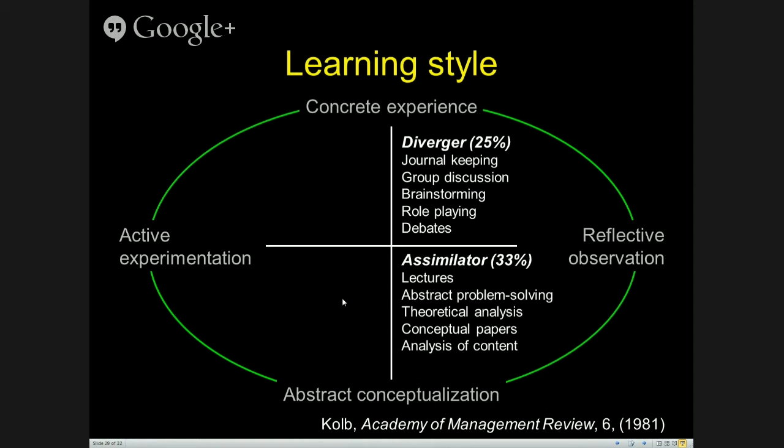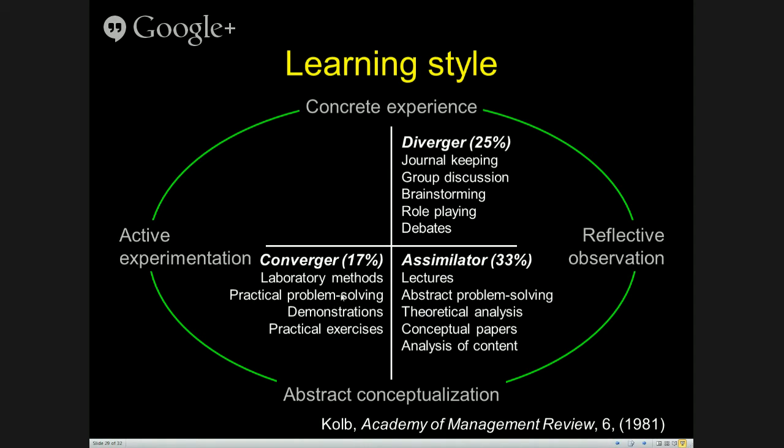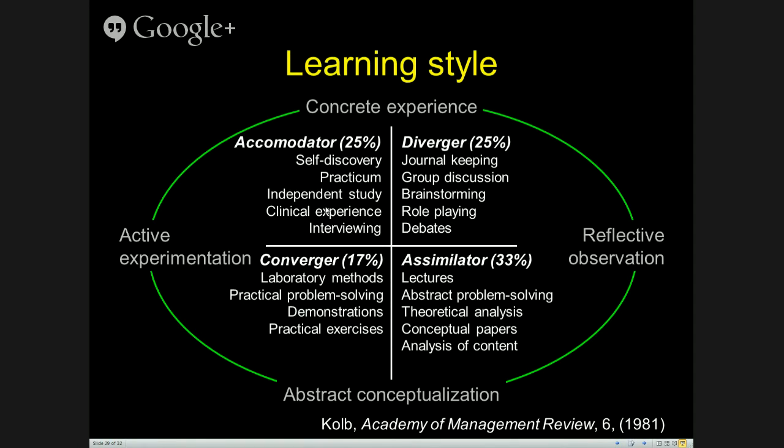The third group is the converger, 17% of the population. They like active experimentation combined with abstract ideas. So they will like lab methods, practical problem solving, demonstration, and practical exercises. And the last group is the accommodator. Again, 25% of the population, and they will combine concrete experience and active experimentation.